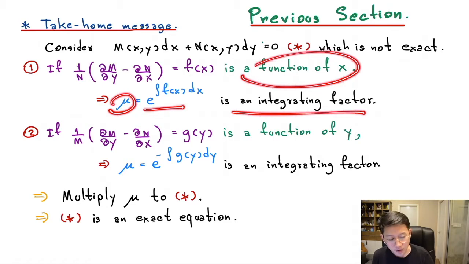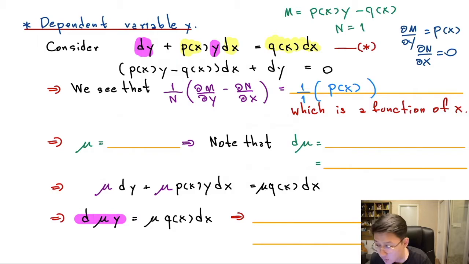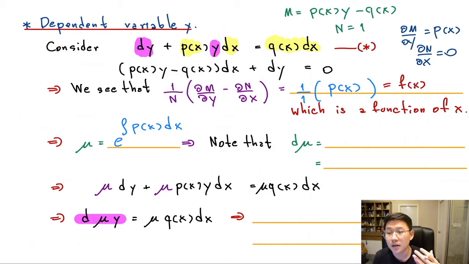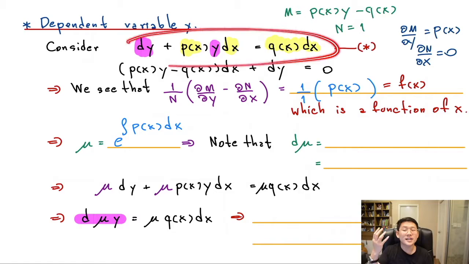So in this case, mu is e to the integral of p(x) dx, because this is f(x). It's the same as the previous section. We can find the integrating factor, multiply it into this equation, and then it becomes exact.